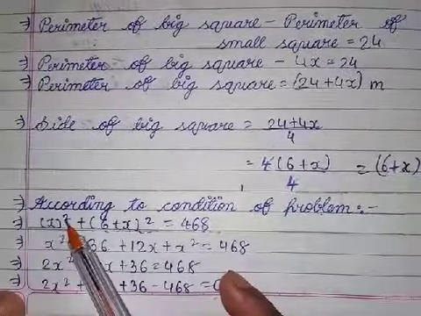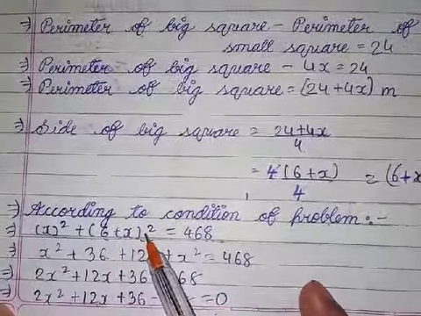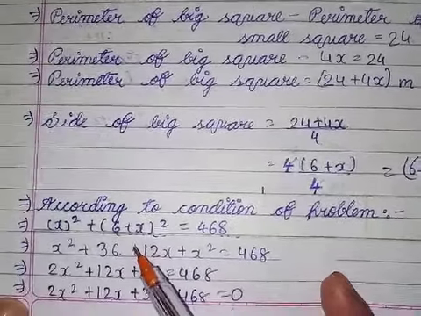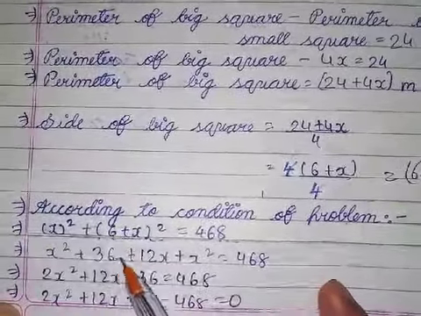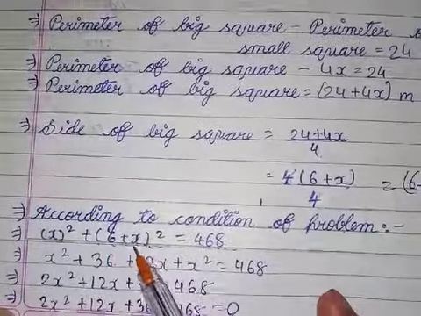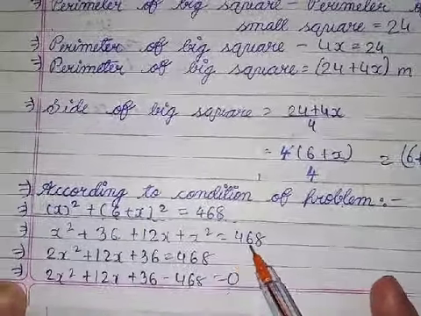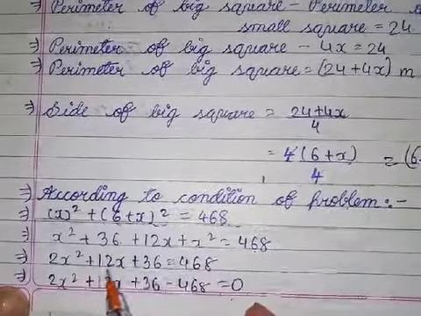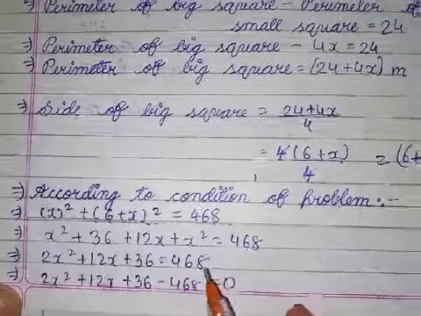If you open the bracket, what is (a plus b) whole square? A square plus 2ab plus b square. So 36 plus 2 into 6 into x, that is 12x, plus x square is equal to 468. X square plus x square is 2x square plus 12x plus 36 is equal to 468.